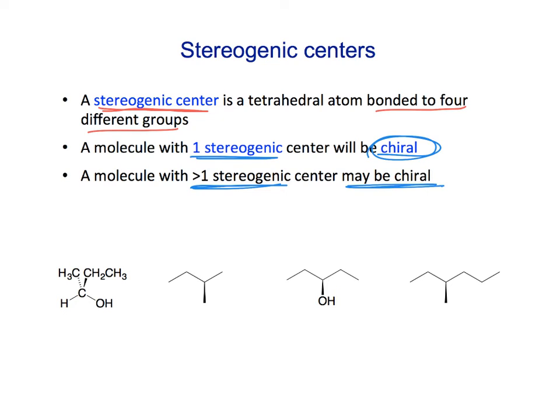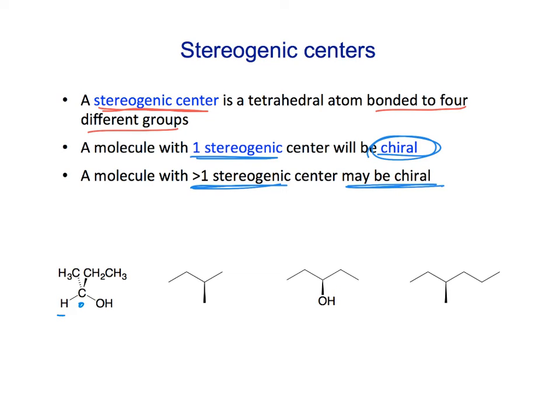So let's look at these 4 molecules across the bottom and again decide whether they're chiral or achiral. Let's look for stereogenic centers. So let's look at the structure on the left. Here's a carbon here. Does it have 4 different groups?